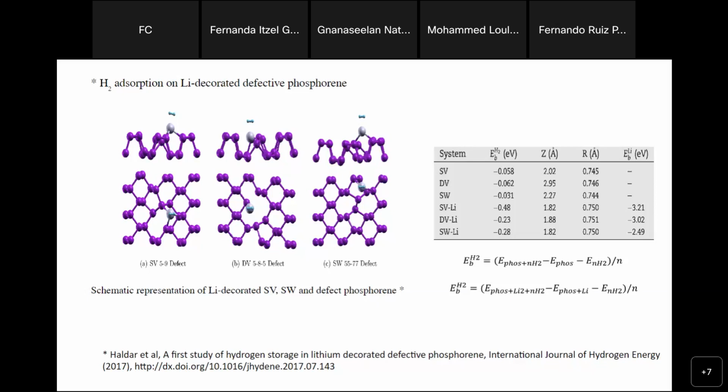I recall that the binding energy is calculated from the total energy of the whole system, from which we subtract the energy of the lithium-decorated defective phosphorene and the energy of the hydrogen molecules. The next slide, please.